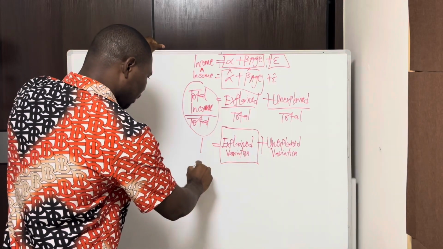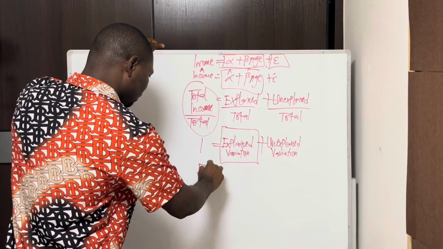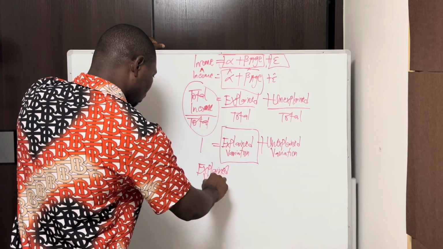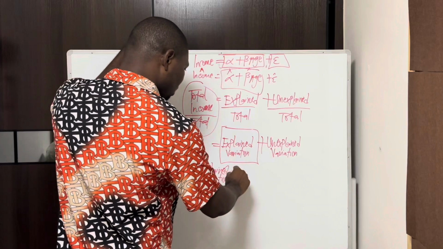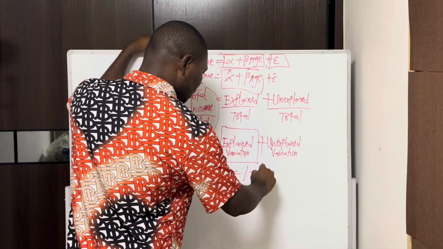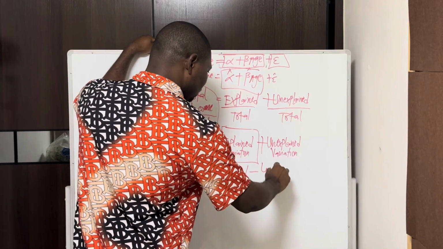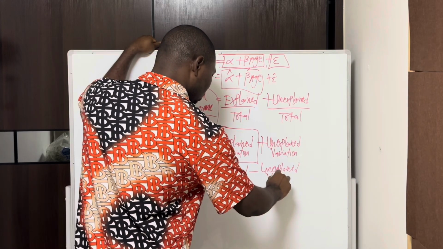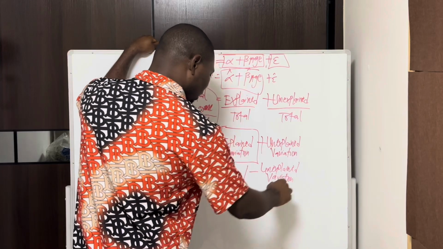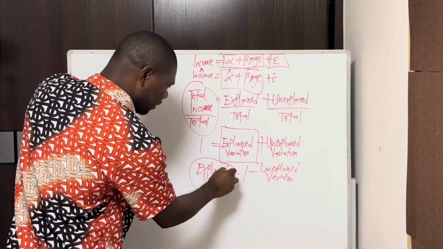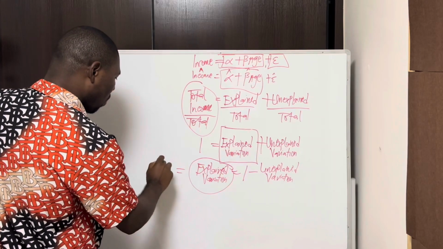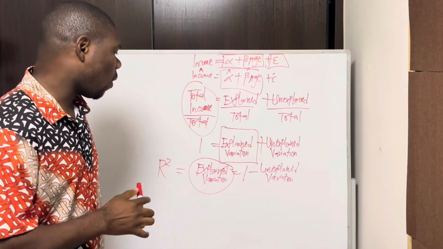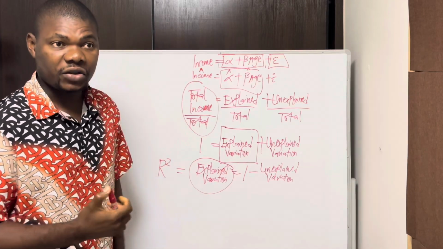So the explained variation is now going to be 1 minus the unexplained. And it is this that we call the so-called R square in regression.